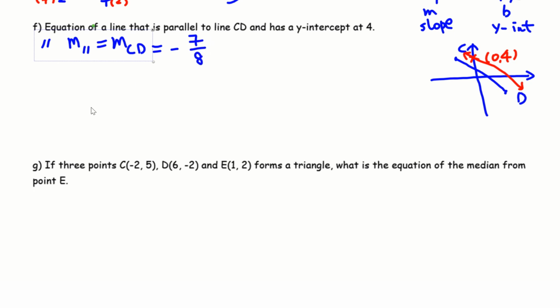Then the y-intercept we can write as (0, 4), because on the y-axis all the x coordinates are 0.